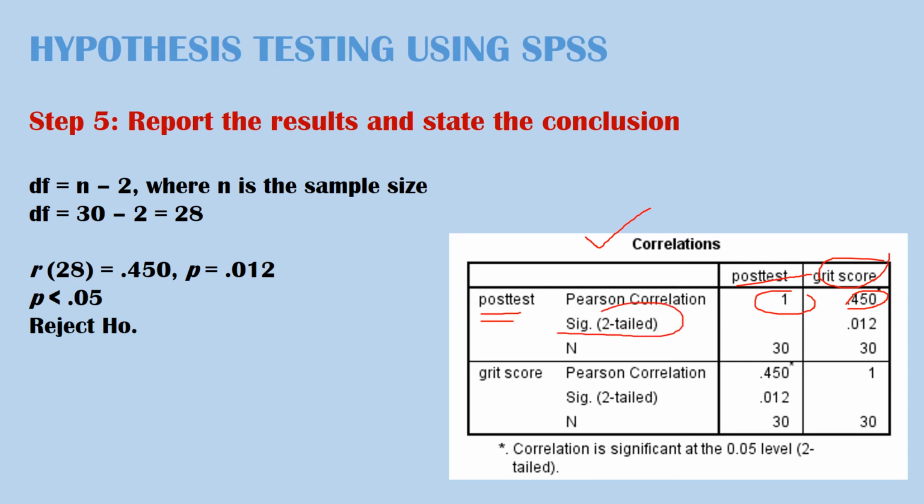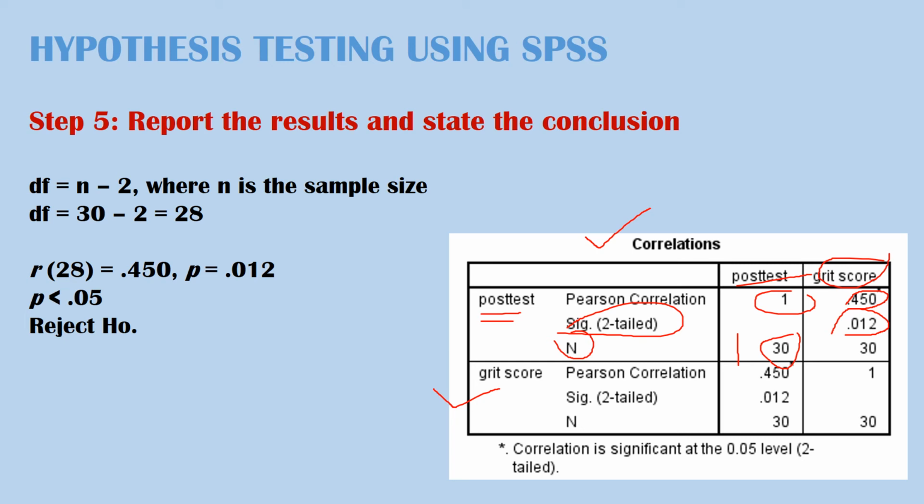Sig value is our p-value, which is 0.012, and n is our sample size, which is 30. Now, on the second row, we see the relationship of grade score with post-test and the relationship of grade score with grade score. So basically, these are identical data. They are the same, but only in opposite of each other.